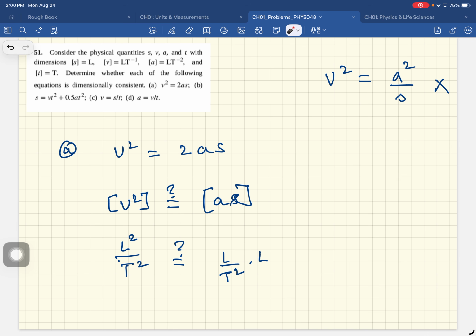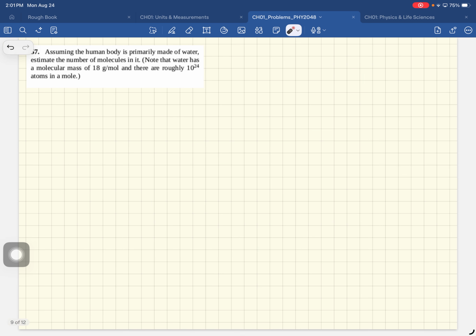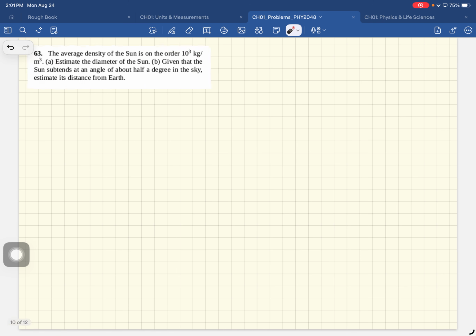Okay. Mass divided. So what we're really doing is finding the radius of the sun.